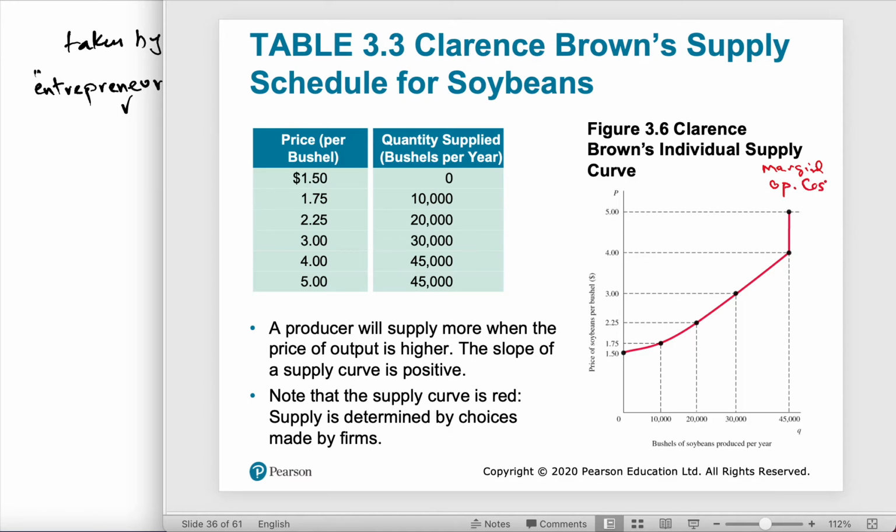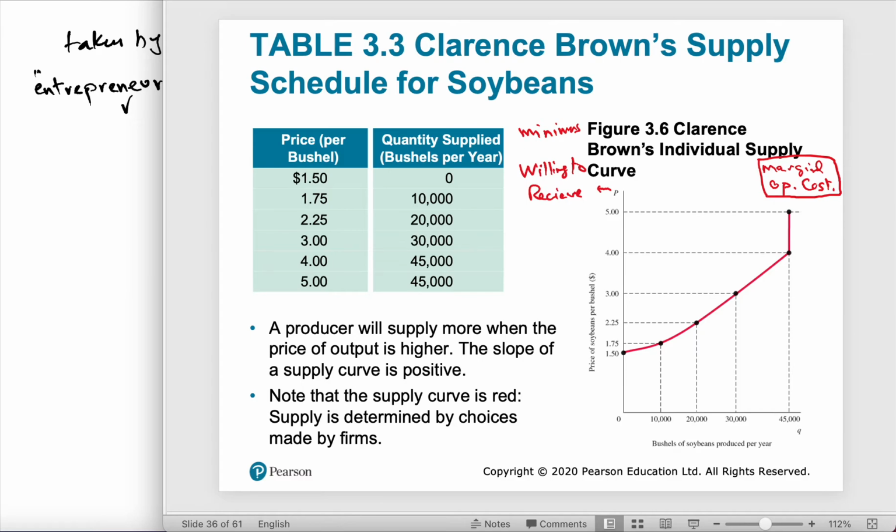It means that this price is the willingness to receive. And this is the minimum amount, because it's reflecting the marginal opportunity cost. If they can receive more, it would be good.